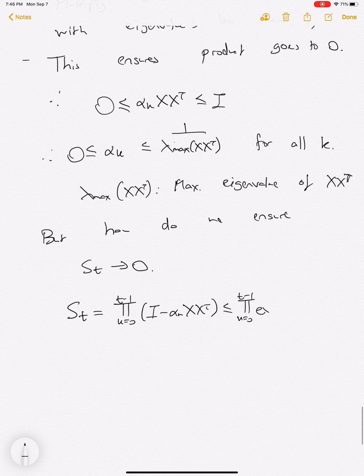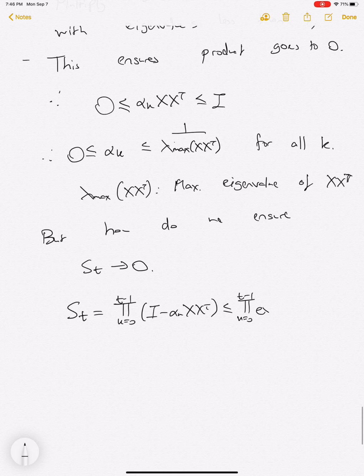And we want to ensure that st goes to 0. We need whatever's inside that exponential to go to infinity. So we need this sum of step sizes to go to infinity.